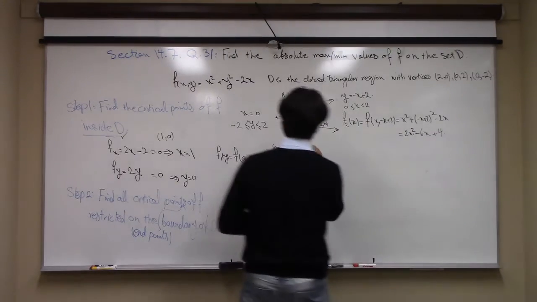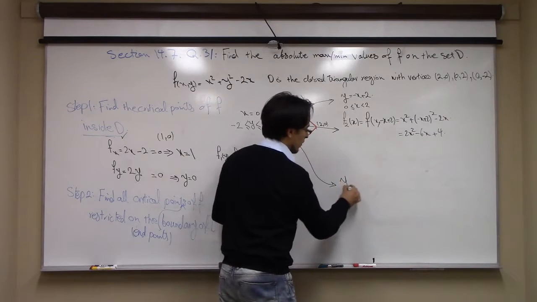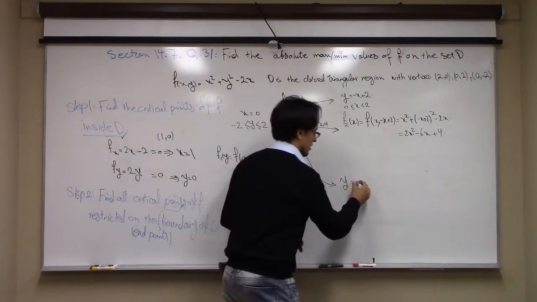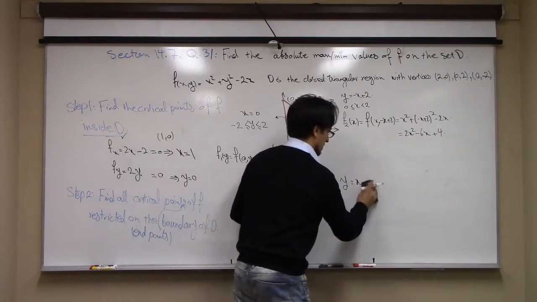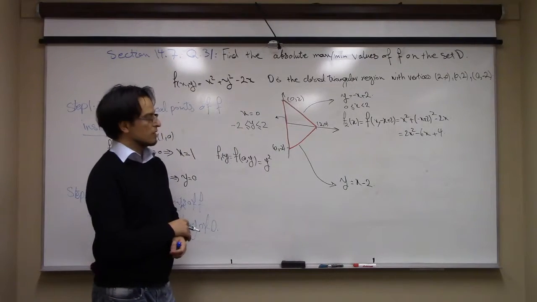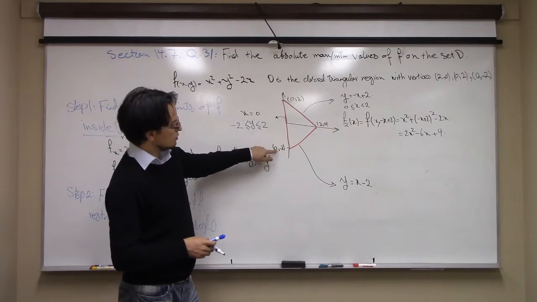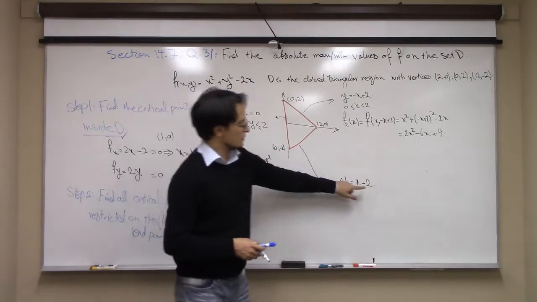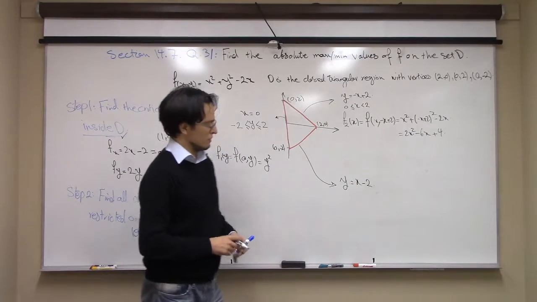And the last piece, which is this guy, is given by y equal to, again, do the tricks. If you do those tricks, you're going to get y equals x minus 2. For example, if you plug in x equal to 0, you get y equals -2. And if you plug in x equal to 2, you get y equal to 0.